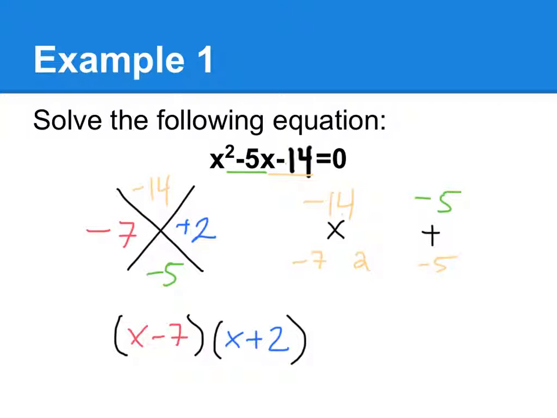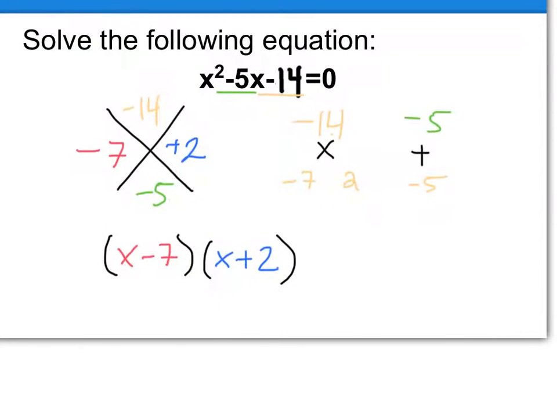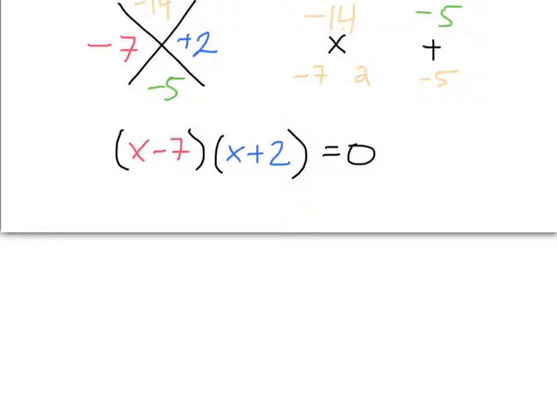Now here's where our little friend, the zero product property, comes in, because we originally had this equals 0. Because we have two expressions that when multiplied equal 0, we can use that to split it. I usually just draw a little arrow over here. Say x minus 7 equals 0. Draw a little arrow over here. x plus 2 equals 0.